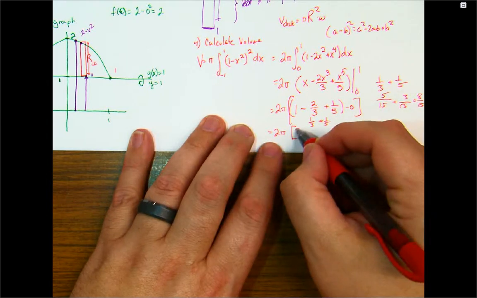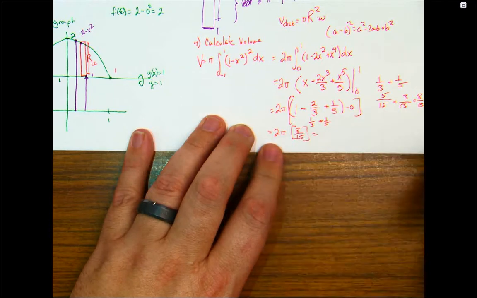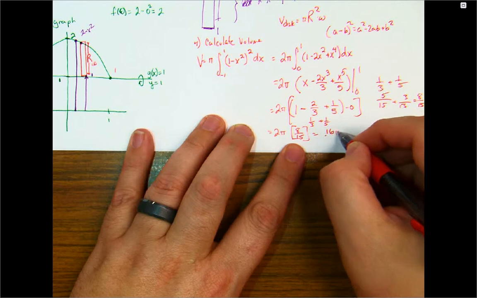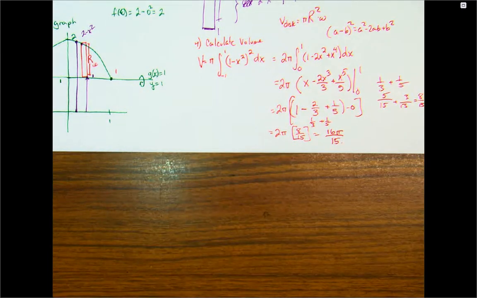What's 8/15 times 2 pi? 16 pi over 15. So we didn't even need a picture. We didn't even need a graph or a calculator or anything like that. And it ended up being really nice for us.